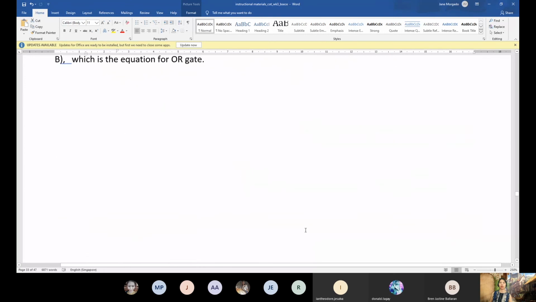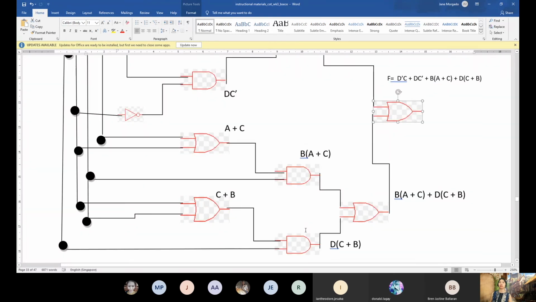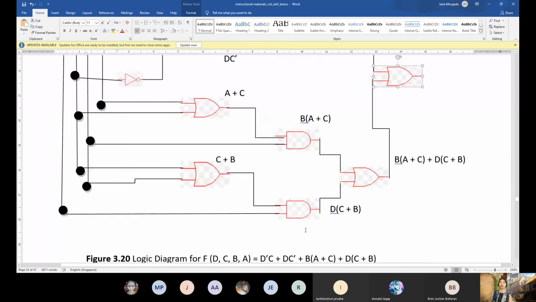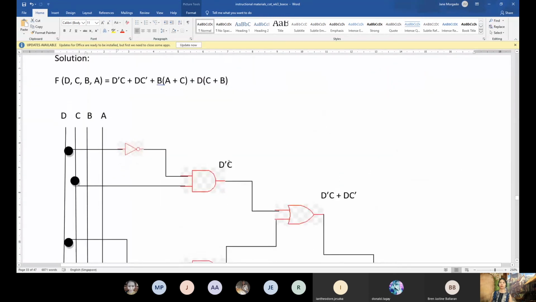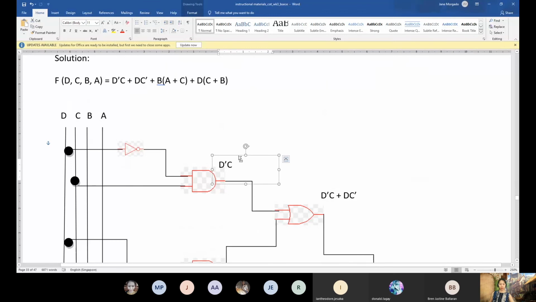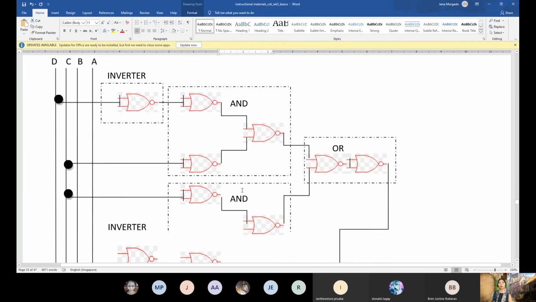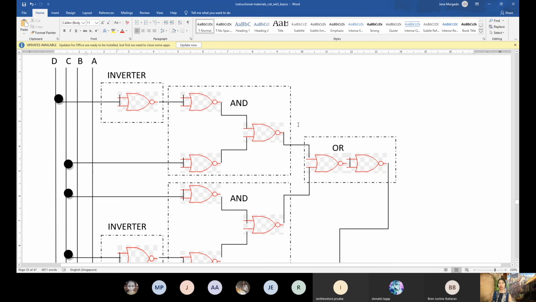Okay, it's already prepared here. Let's copy. So we have D prime C and DC prime.